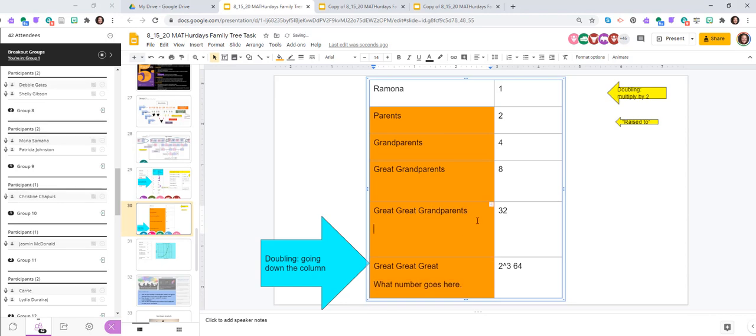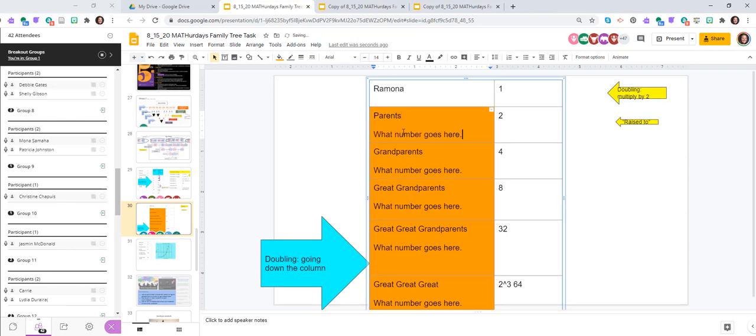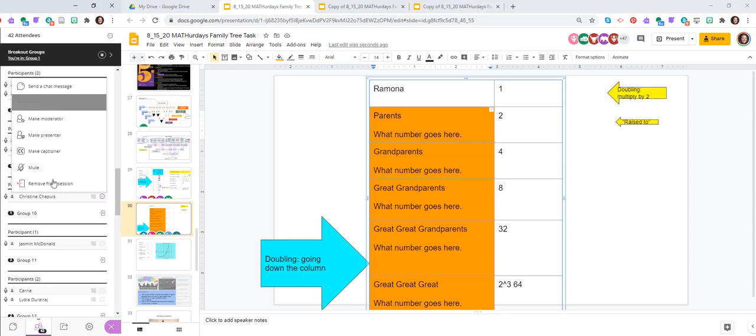When it says what number goes here, I'm not real sure. Does she mean on the left hand in the orange or in the right hand? I was going to ask too. I don't know. What number goes here? I look at 2 to the 3rd, so the power tells us how many greats.